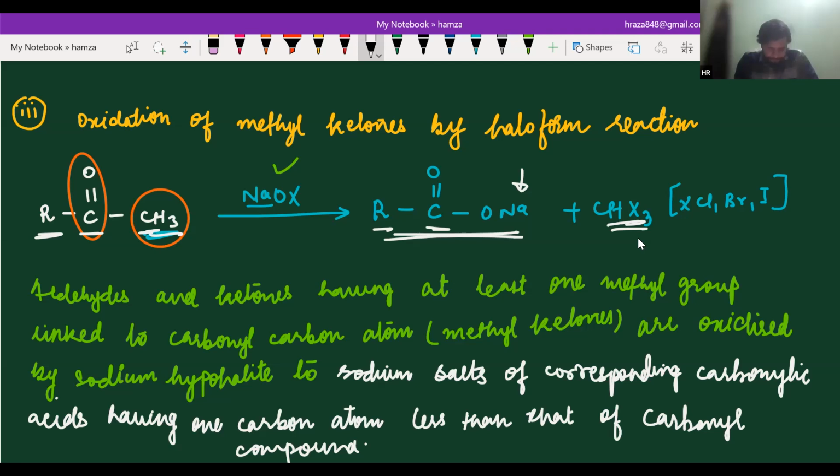Again MCQs, and then define the following terms. I think the paper was quite easy. It is only for 50 minutes and of 27 marks. Okay.